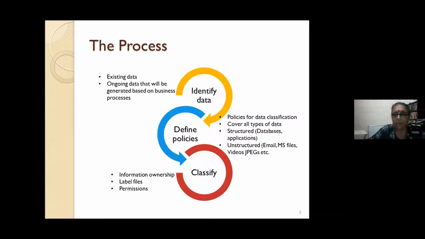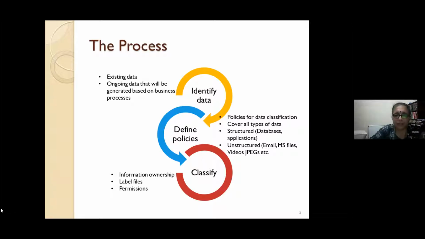That Excel sheet would be coming under the unstructured bucket. Similarly, you will have data which is there in emails, or if they have migrated to a cloud platform like O365 Microsoft, that data also will come under unstructured data.